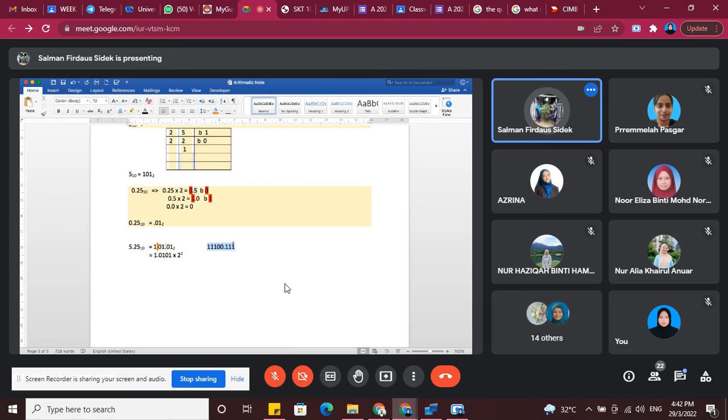So this number is equal to 1.1100111. The value is similar, but we need to times with 2 because it is in base 2, and the power of how many steps that you carry forward. 1, 2, 3, 4. You jump 4 times. So 2 to the power of 4.